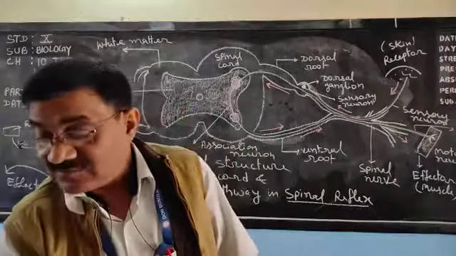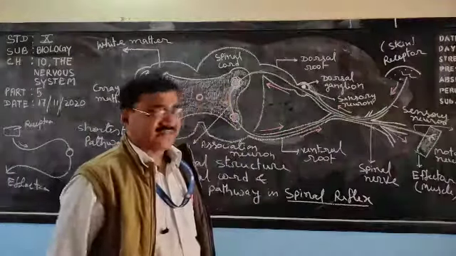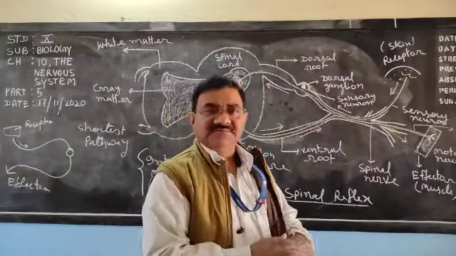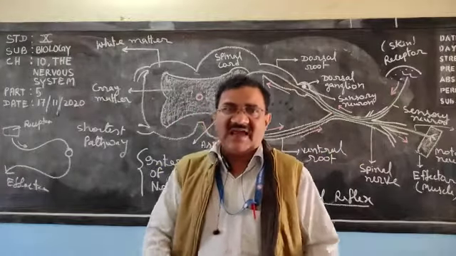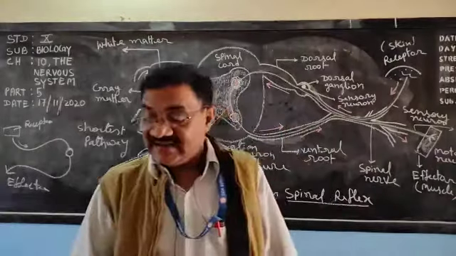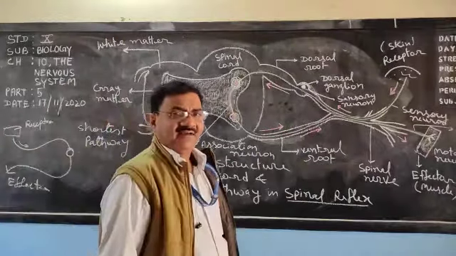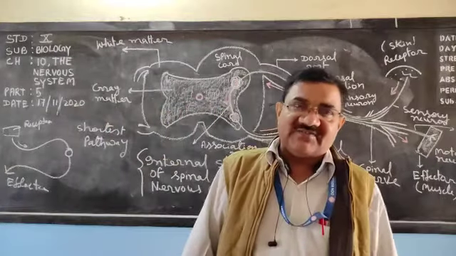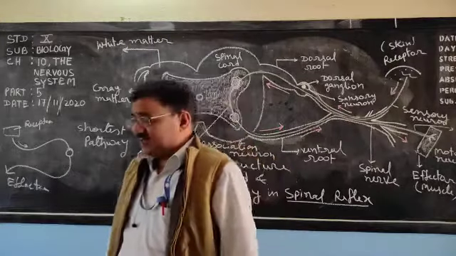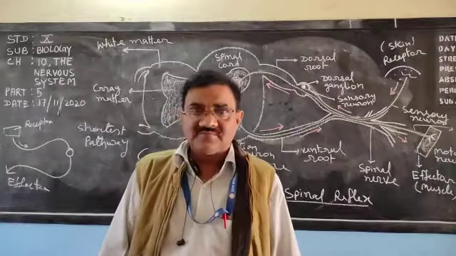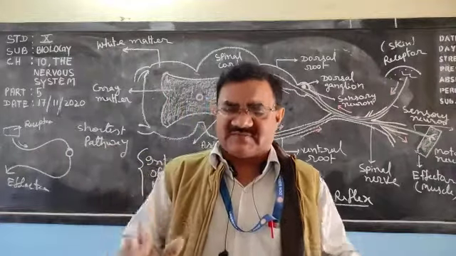Okay, now that part is clear. We have discussed the central nervous system, in which we discussed the brain and spinal cord in detail, and after that we were discussing the peripheral nervous system. Dear children, the peripheral nervous system, as I have told, means the system made up of the nerves, all the nerves.